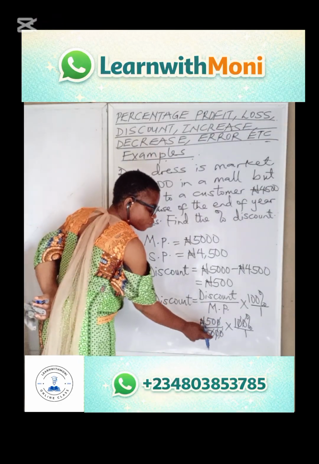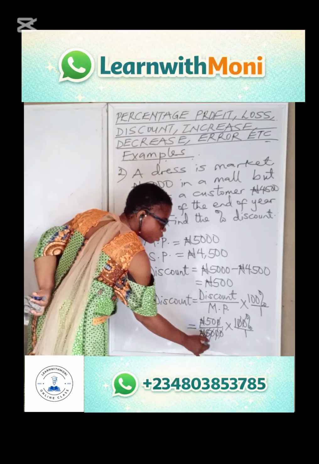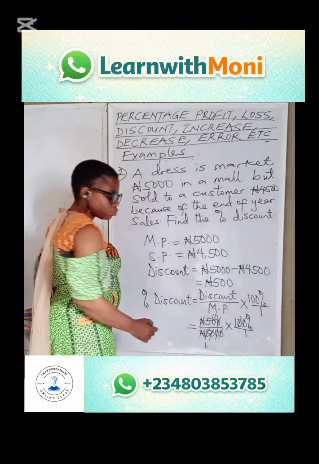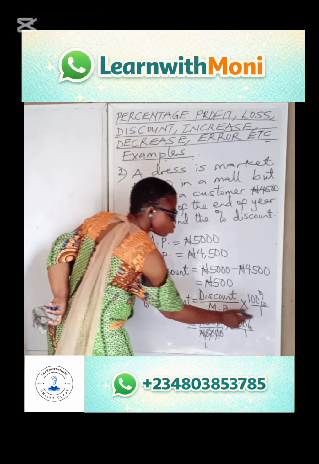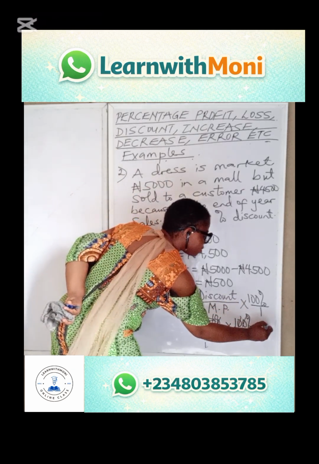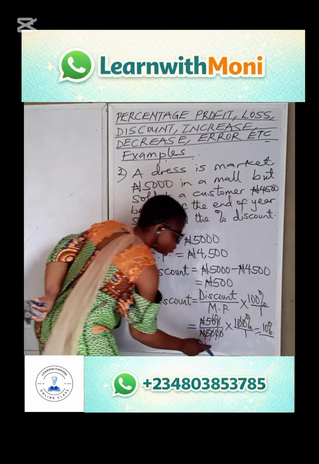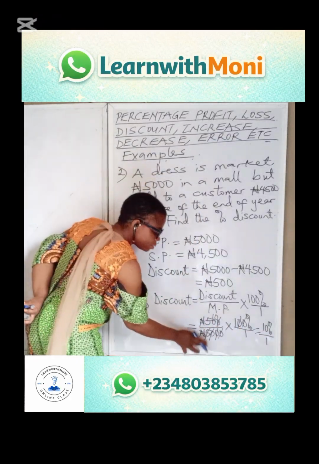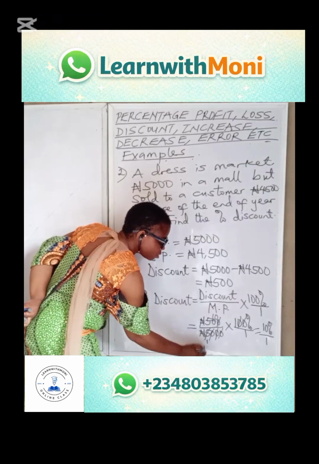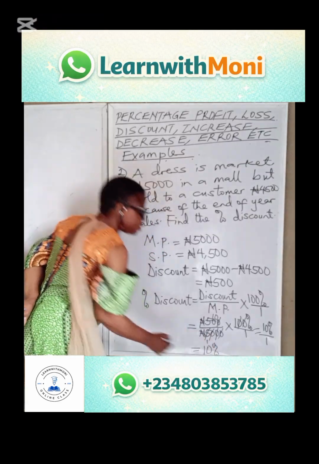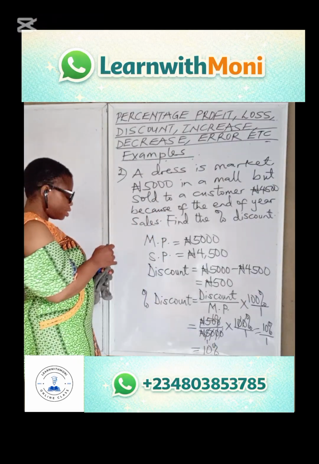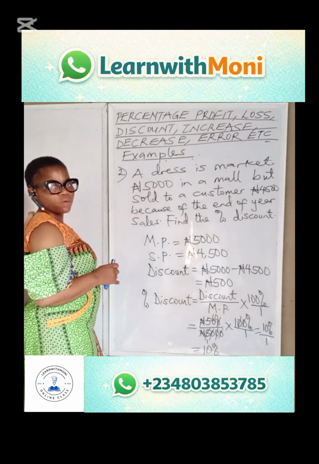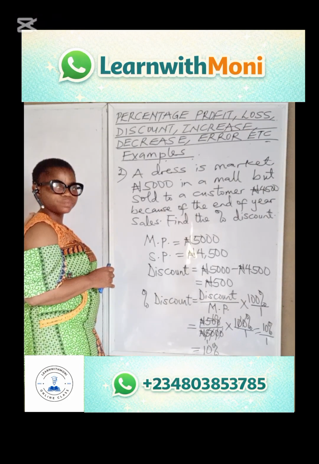So we are left with only 5 here. 5 divides 5 once. 5 divides 50 10 times. So we have 10 times 1%, which is 10%, over 1 times 1, 1. So 10% over 1 is equal to 10%. That means the percentage discount given to the customer is 10% of the marked price.